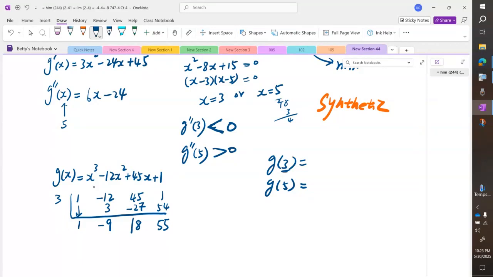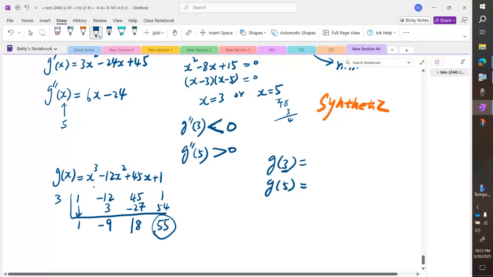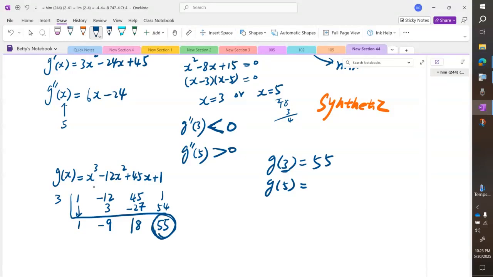Bring down 1, 3, it's negative 9, negative 27. It is 18. 18 times 3, 54. 54 plus 1, the remainder here is g of 3. So g of 3 is 55.